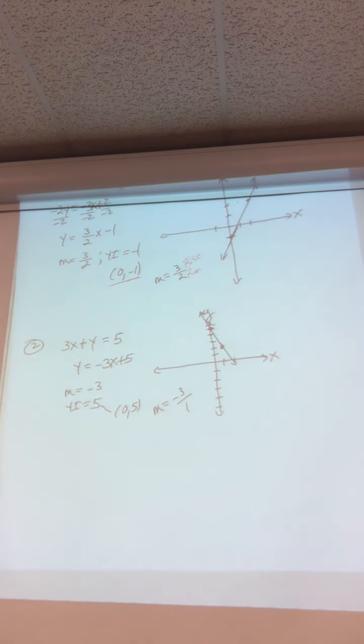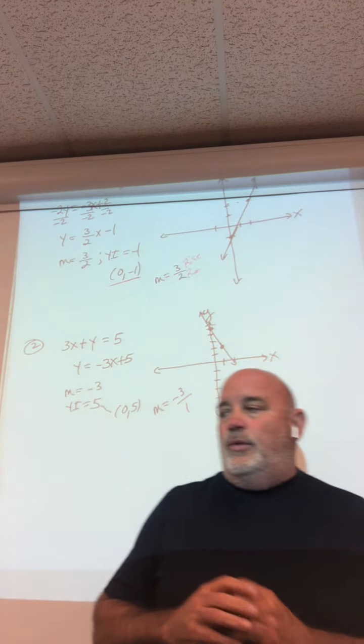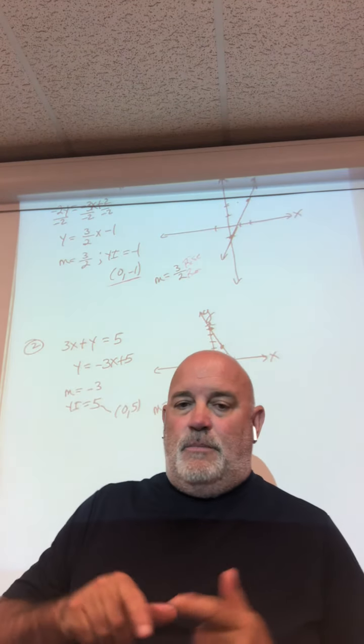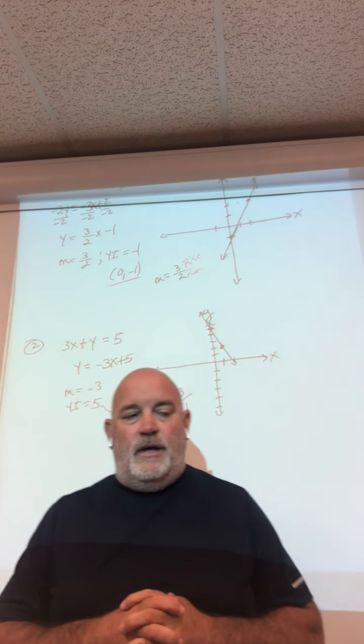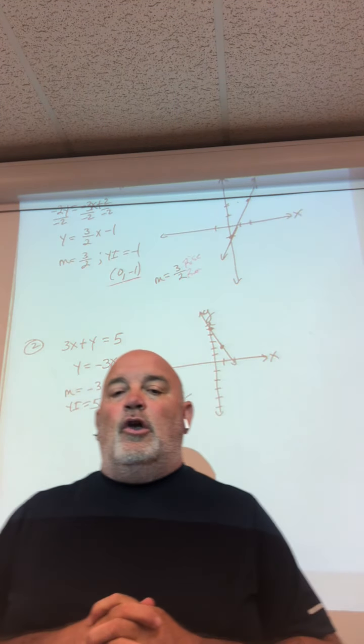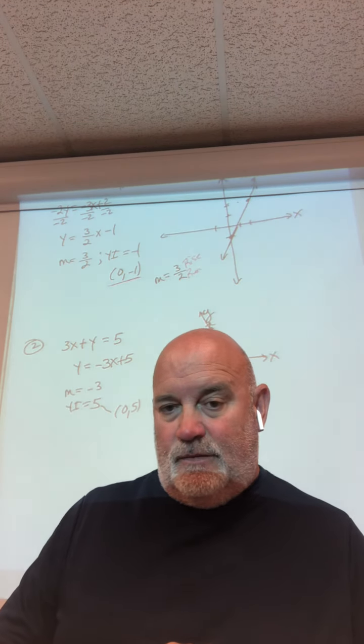Okay, now the last thing that we want to do in this section is we want to turn the tables around. We're going to be looking for the equation of a line.